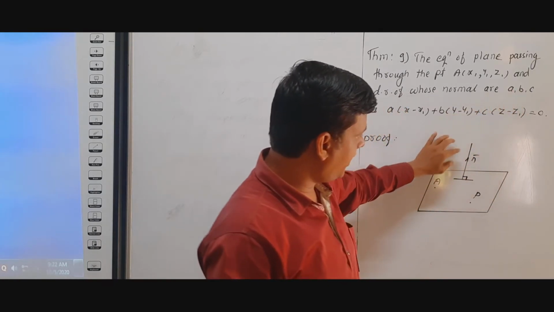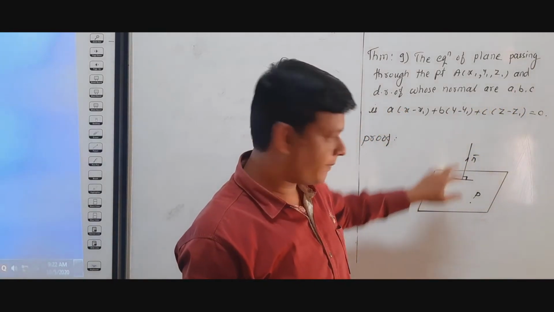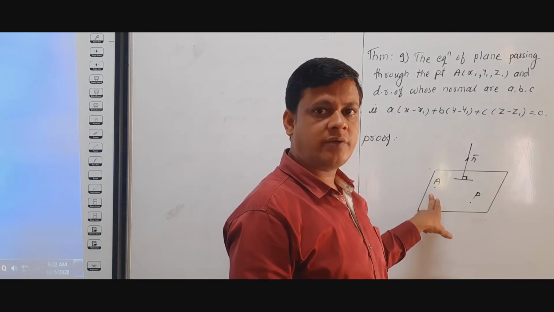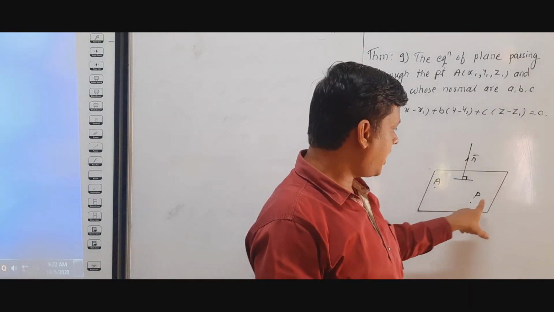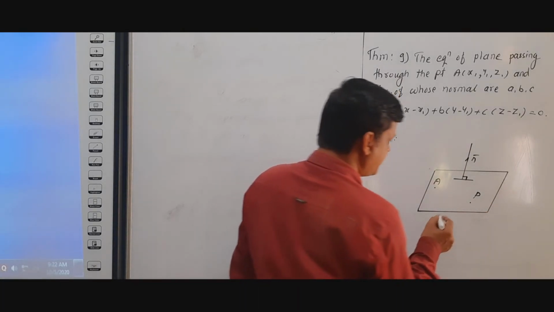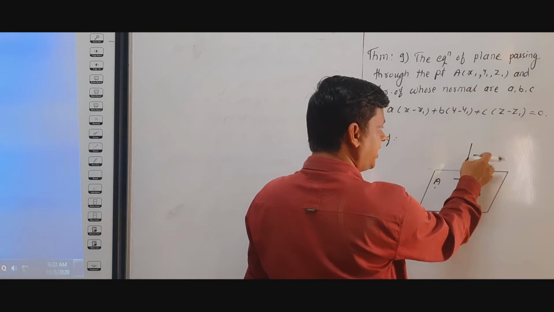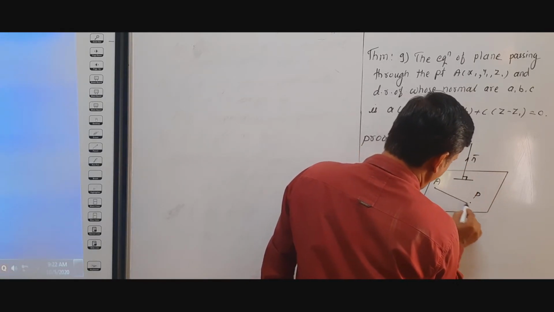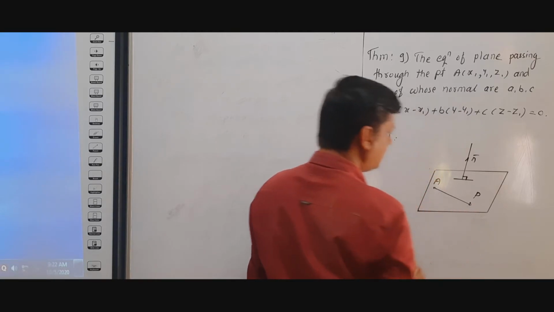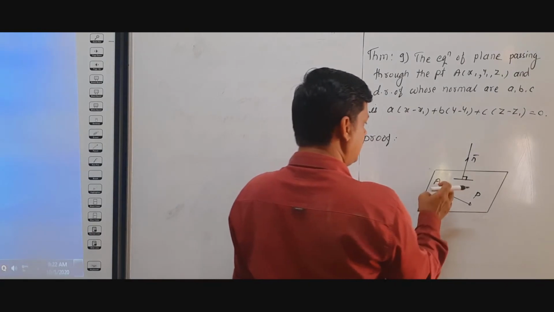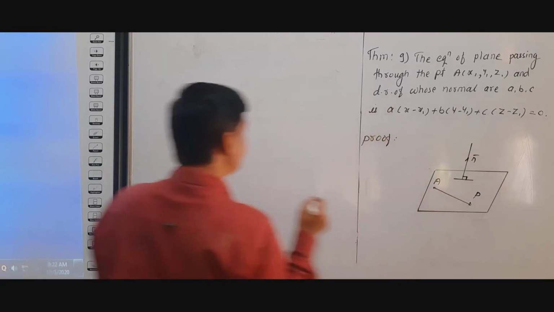From that we can find the vector n bar. From the coordinates of point A we can find the position vector of point A, and P is any point. So we use the concept: if this vector n bar is perpendicular to this plane, then this vector n bar is perpendicular to this vector AP.